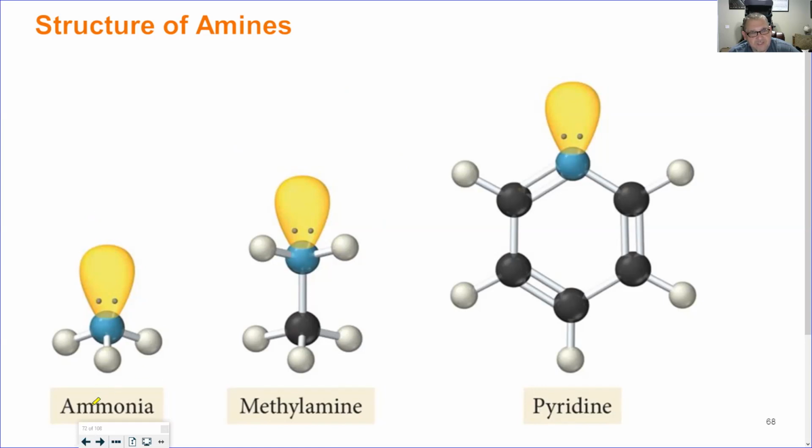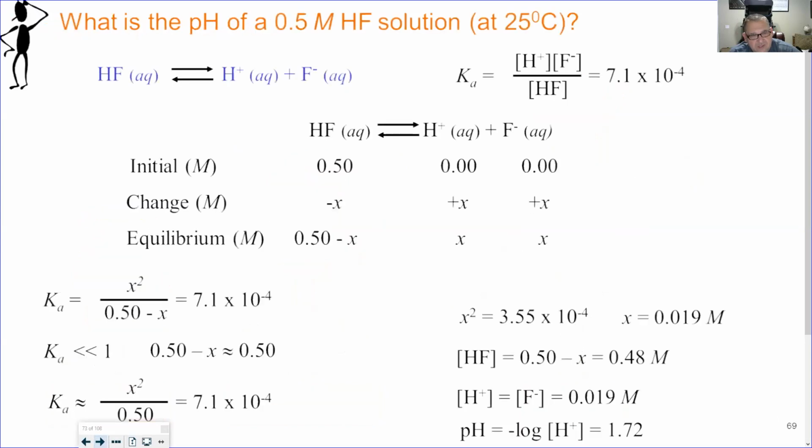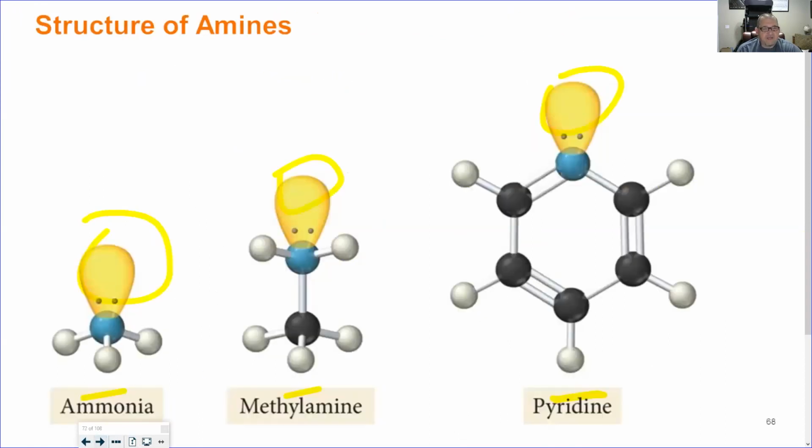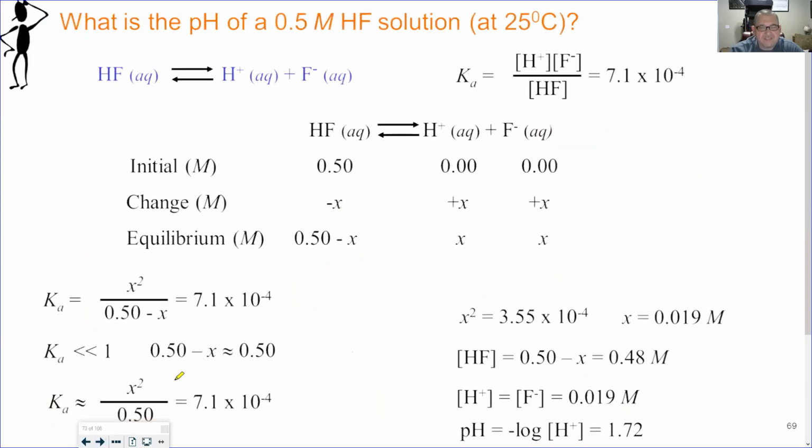So all of these things, ammonia, methylamine, pyridine, these structures have lone pairs of electrons that are going to accept that proton that doesn't have the electrons in it. So where we're going to pick up on Monday is talking about how we deal with the calculations, because the calculations for the weak acid, weak base system are a little bit more complex.